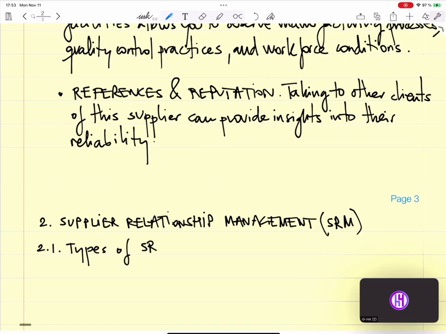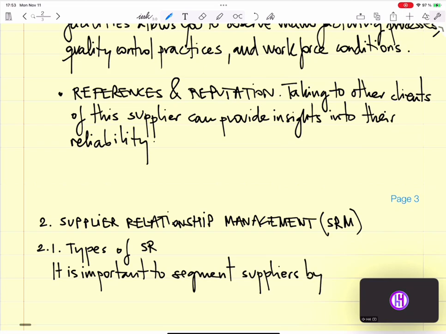For effective supplier management, it's important to segment suppliers based on the role they play in the supply chain. It is important to segment suppliers by importance in the supply chain.